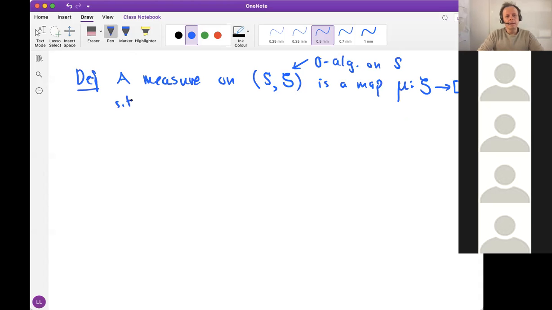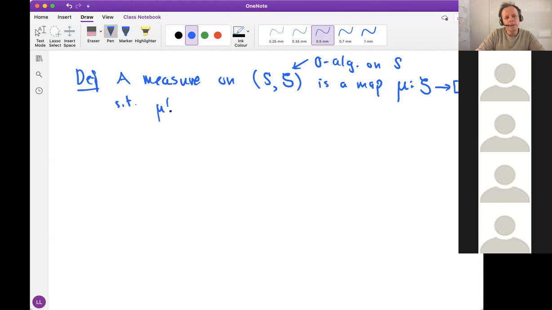And it is a function, so to every set in this sigma algebra we assign a number, which could be something non-negative or it could be infinite. And we require two properties.